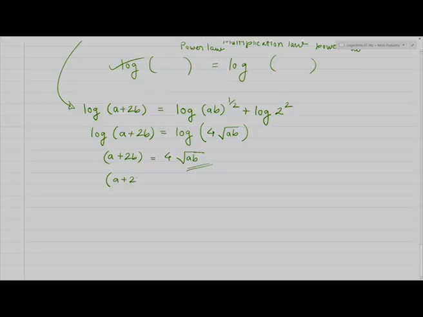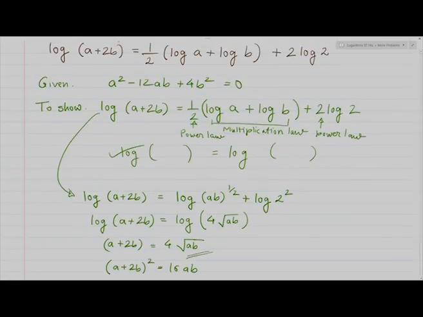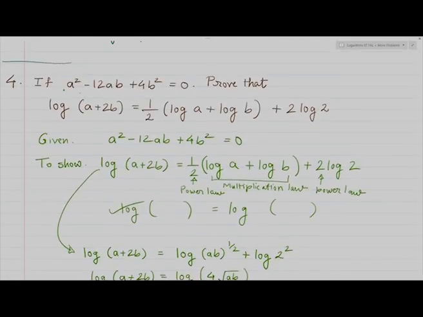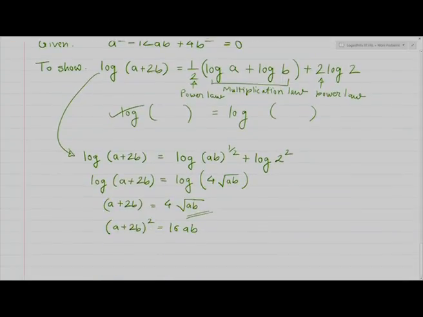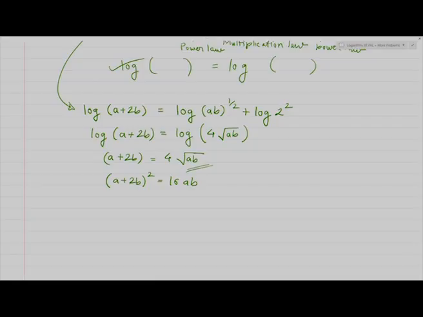So, a plus 2b square is equal to 16ab. Am I inching closer to my desired expression? My desired expression is this. So, am I going closer to it? Yes, I am.